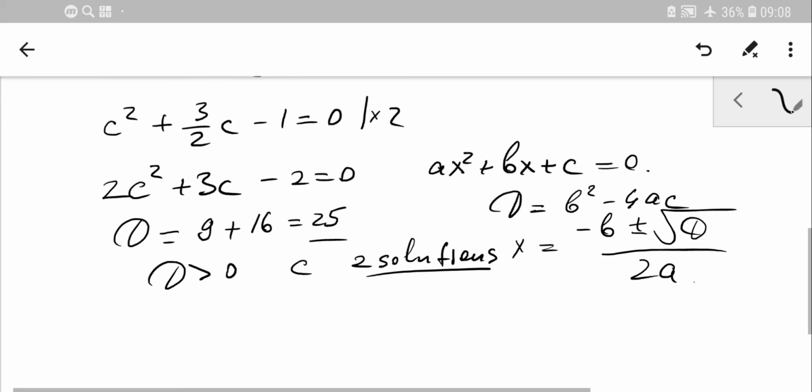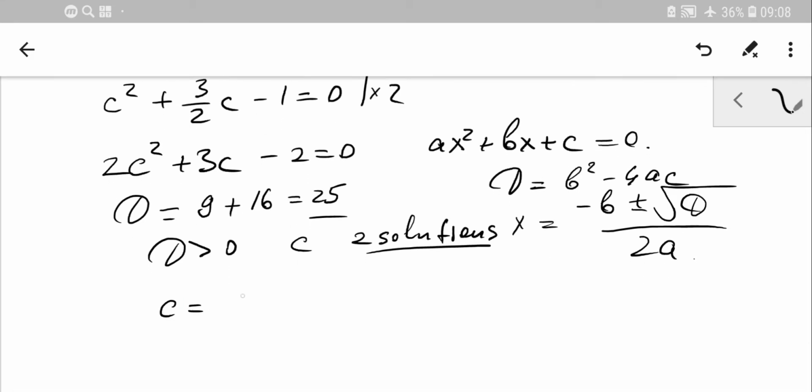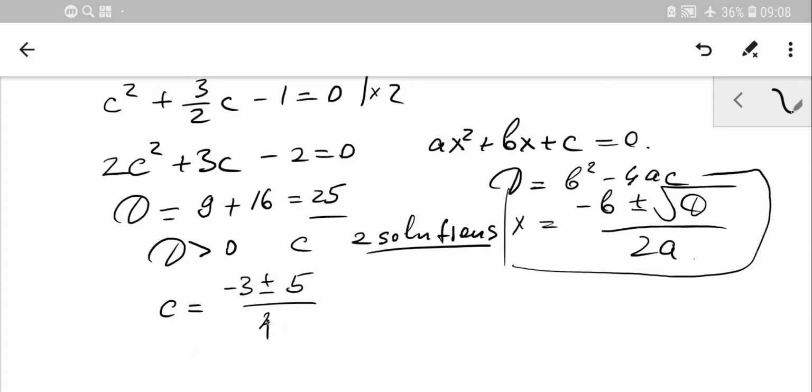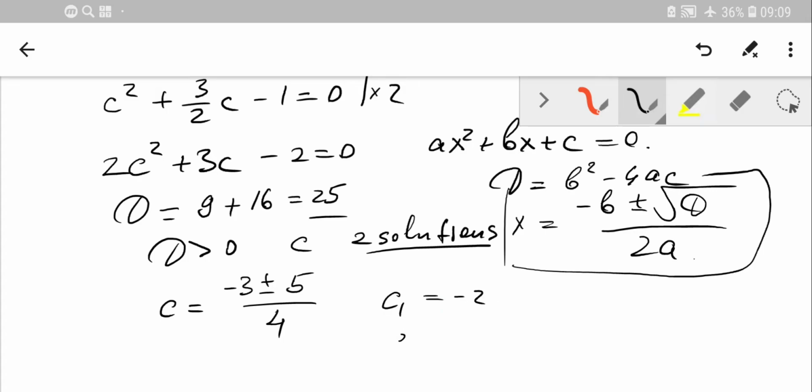So hence, in order to find them, let's compute according to this pattern. C is minus 3 plus or minus 5, the square root of the discriminant, over 2a, which is 4. So C1 is minus 3 minus 5 over 4, which is negative 2, and C2 is minus 3 plus 5, which is 2, over 4, so 1 over 2.